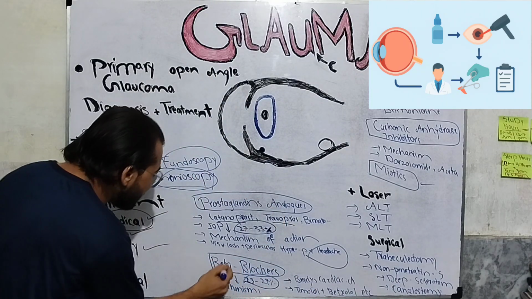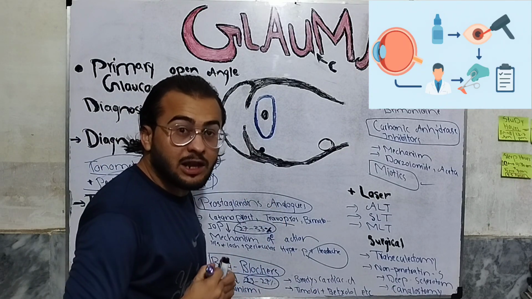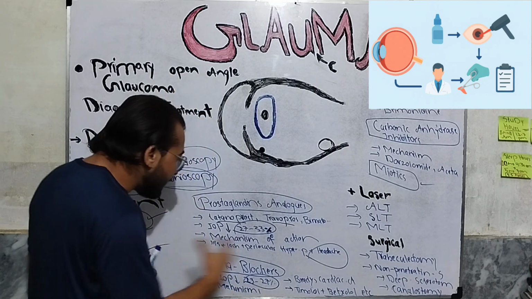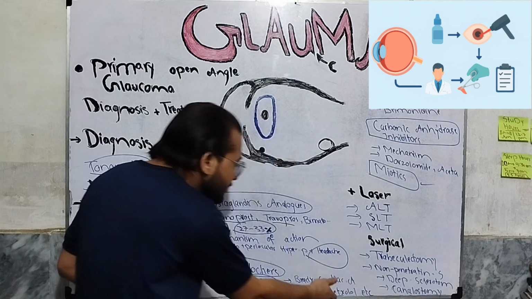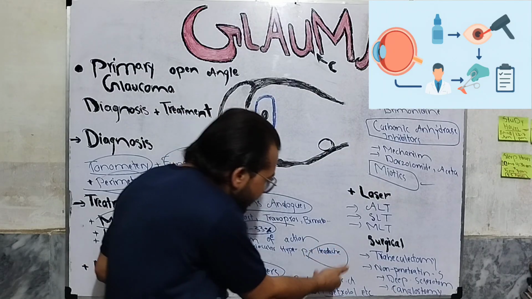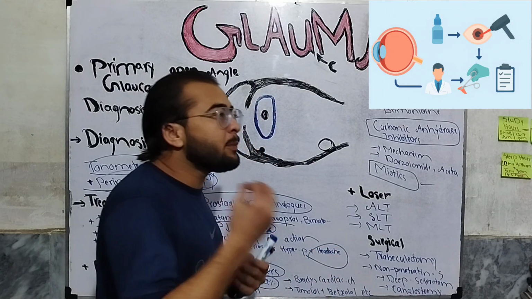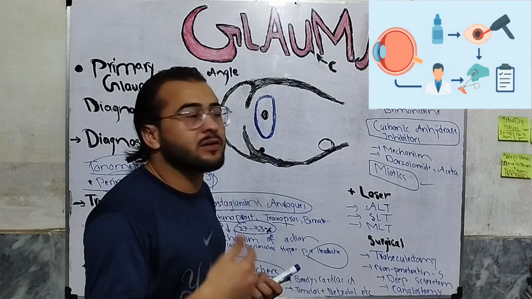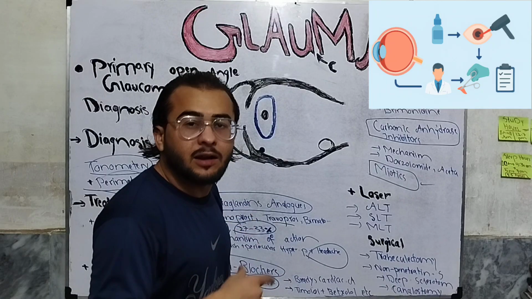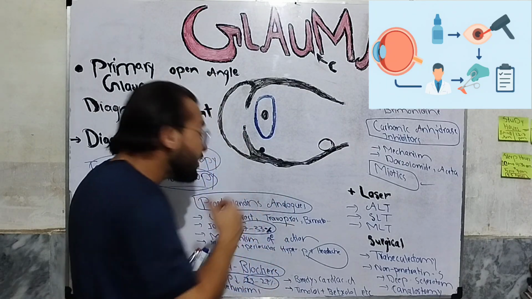So these are the side effects, but they are effective. They are suitable if the patient is normal, not asthmatic and not a cardiac patient, so we can indicate beta blockers.